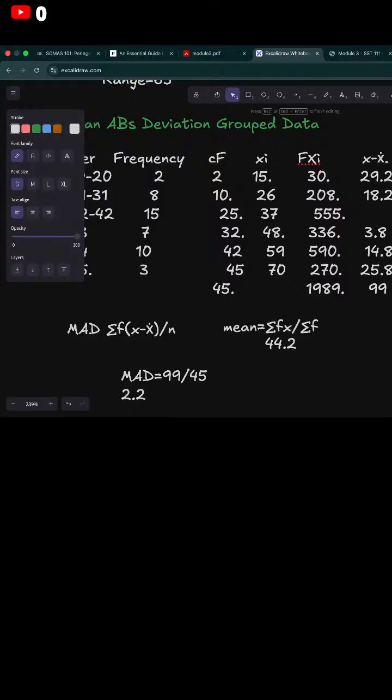This is long, so we have 25 minus 44.2, we should get 19.2.